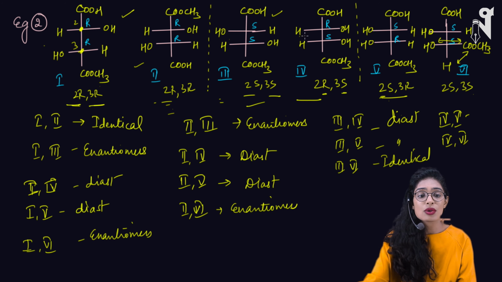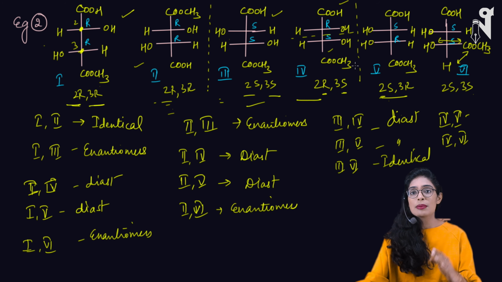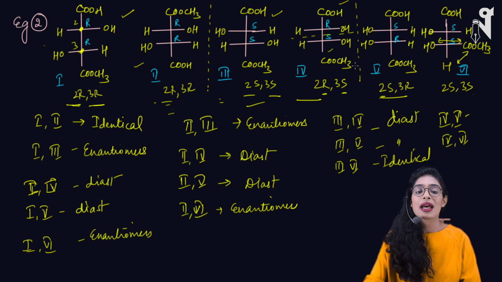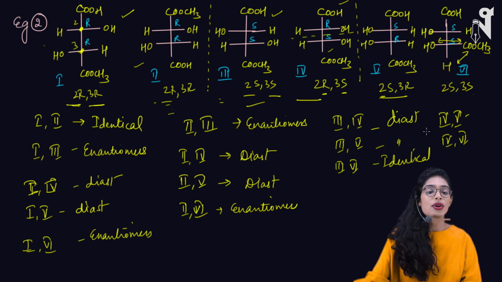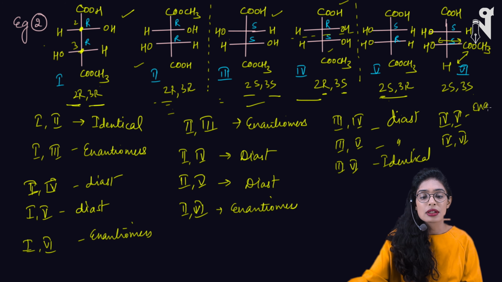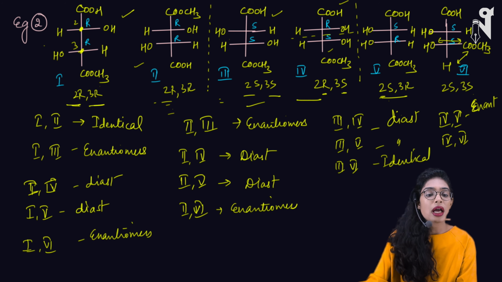Yes, they do, because there is no plane of symmetry and no COS, because even if you cut it from here, there are two different groups, COH and COCH3 over here. So no plane of symmetry, no COS, so that means they are optically active. So the relation between fourth and fifth is again enantiomers. I'm just writing ENANT. Now fourth and sixth configuration is random, so they are diastereomers.